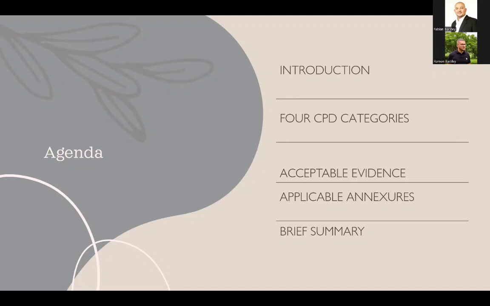Then we'll cover the acceptable evidence. We'll go through the applicable annexures. That's also a new concept that SACPCMP introduced for this new cycle, 2024 to 2027. So we'll go through the annexures, and then we'll just go through a brief summary, basically just to get a basic overview of what we've covered during the session.